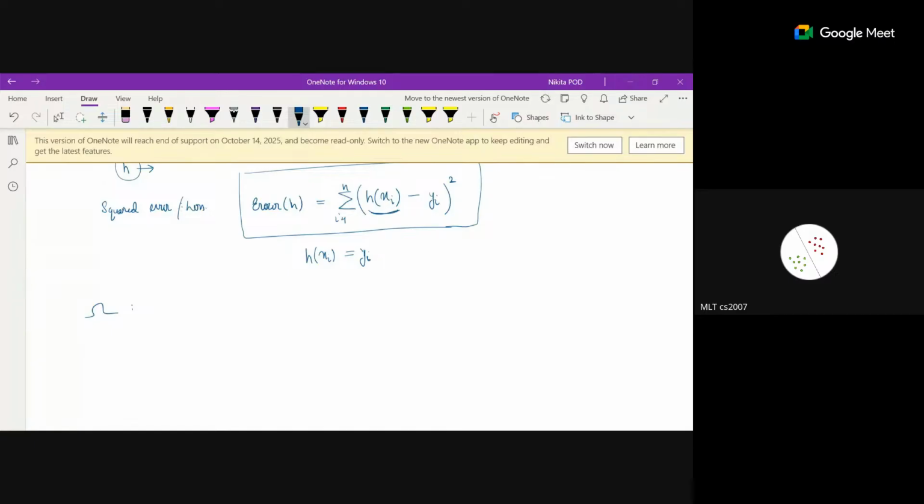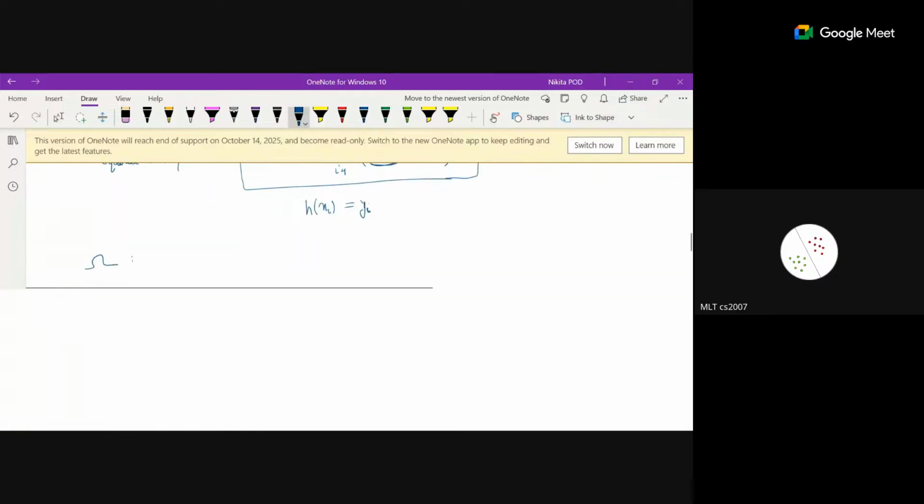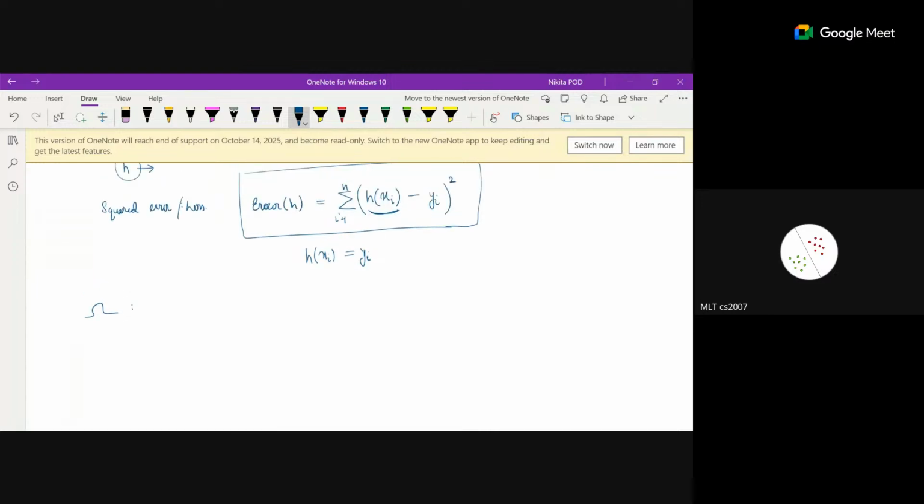But now let's restrict it specifically to the linear functions. So we'll restrict the space of functions, look at the set of all the linear functions, and allow only those functions to be part of this.